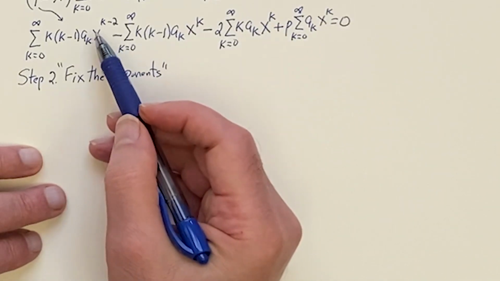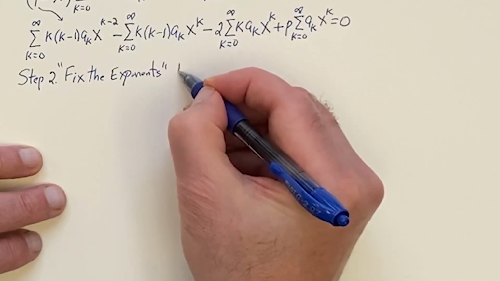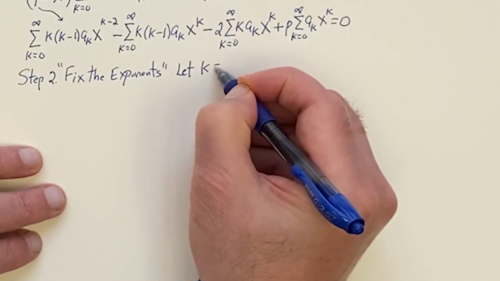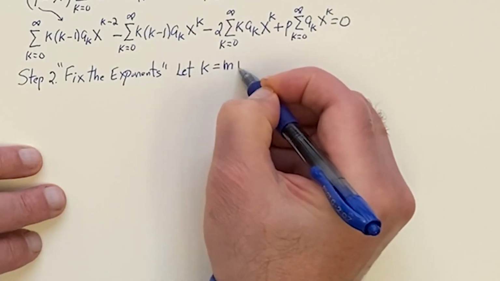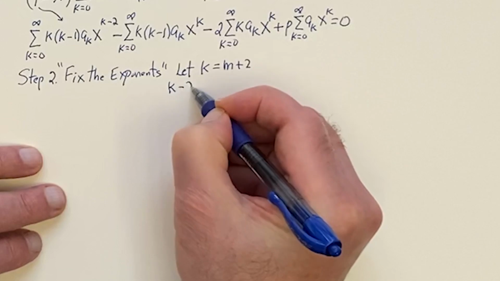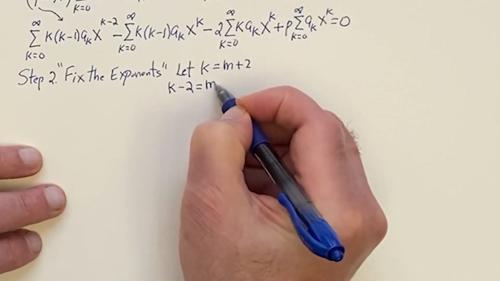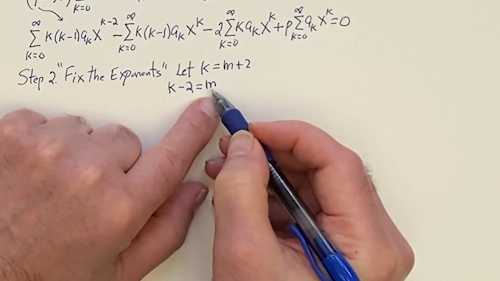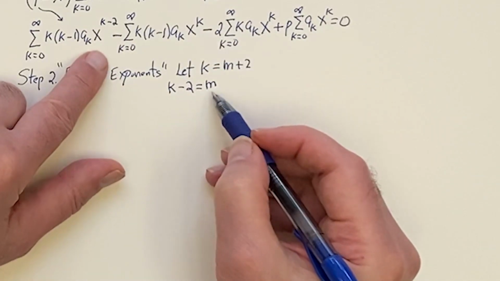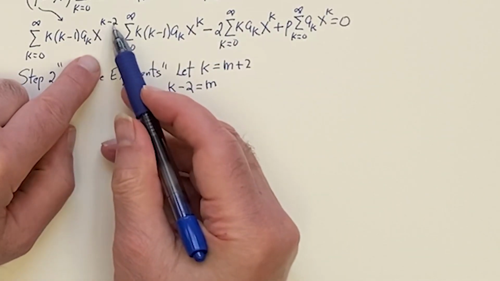So what I'm going to do is let k be equal to m plus 2, or you might say I want k minus 2 to be equal to m, and then I'm going to rename that later to k and have it worked out. But for now, best thing to do is just to call that k minus 2 an m.